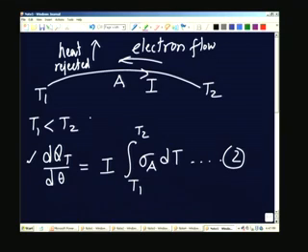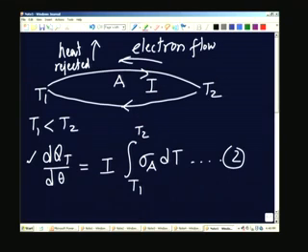Similarly, the amount of Thomson heat will be involved with the other leg of the circuit. Now, you notice that if the current is moving in this direction in A, then if I complete this one, the current will be moving in this direction. That is, in one material it is moving from a low temperature to high temperature, and in the other part of the circuit, it will be exactly doing the opposite.